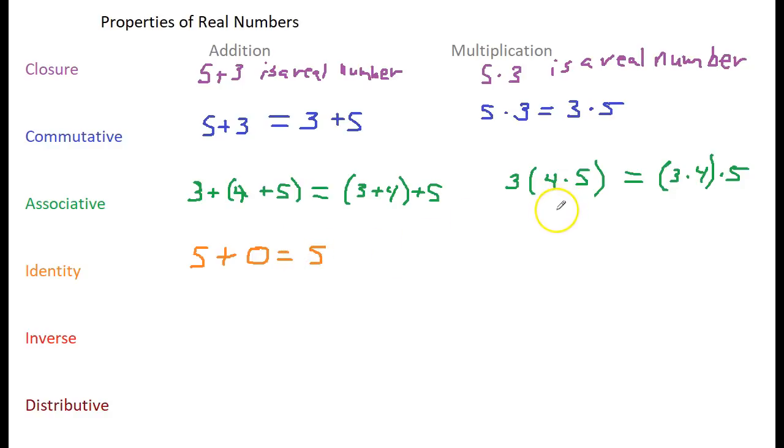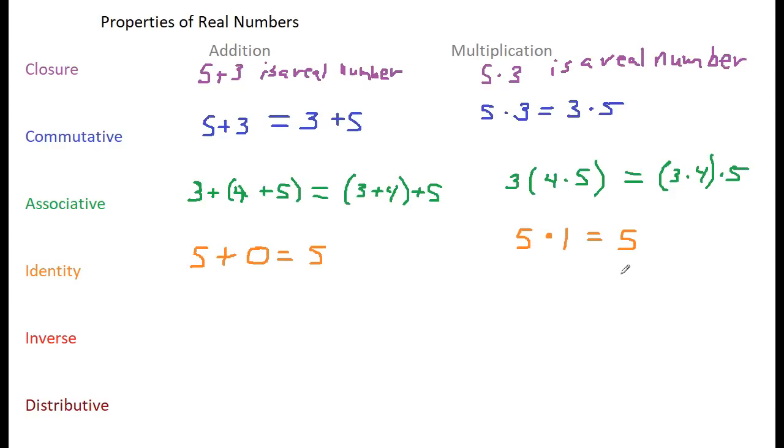Now in multiplication, the identity element is not 0. It's 1. Because if I were to take 5 times 1, I get the number I started with, 5. So the identity property gives you the number you had.